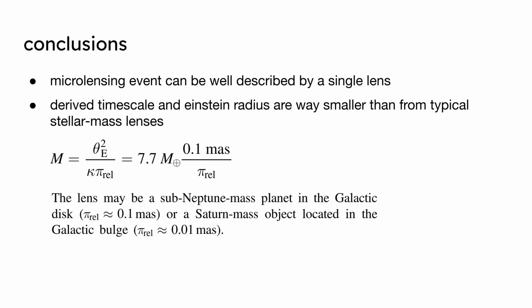And of course we don't know that, but given that it is in our galaxy, we can have somewhat estimates of what it is. And depending on this distance, it can be either from a sub-Neptune mass planet to a Saturn mass planet, which is either way some kind of gas giant.